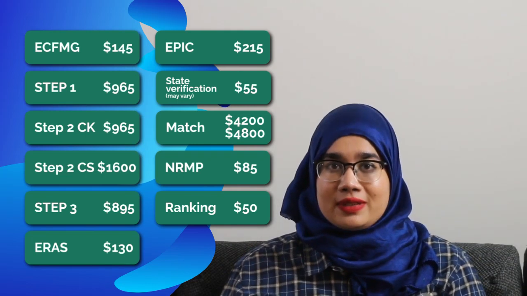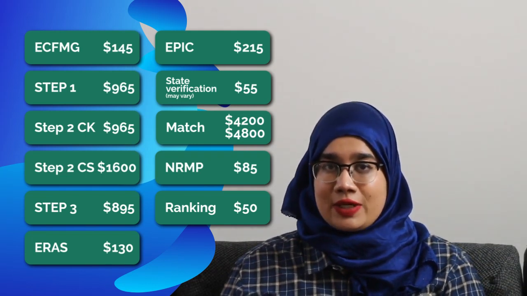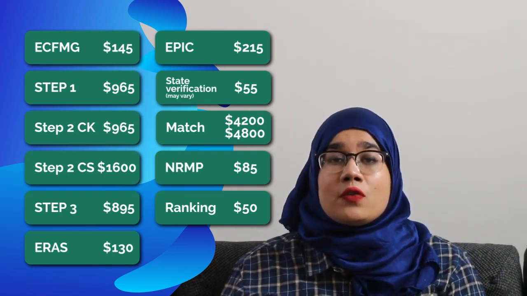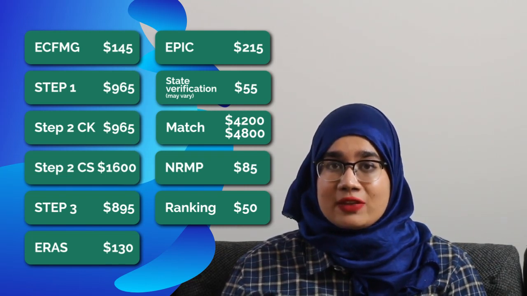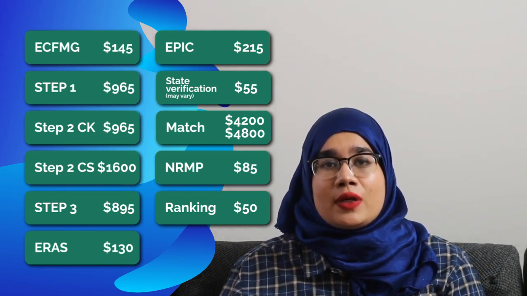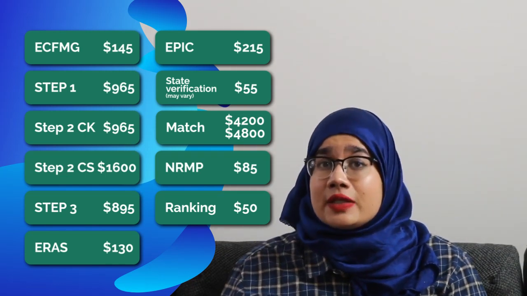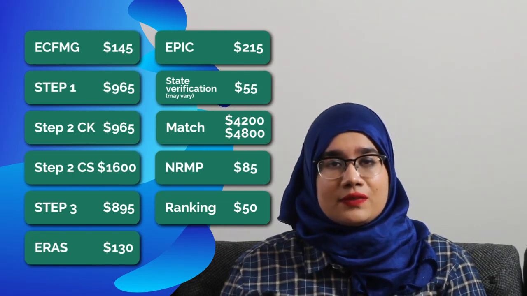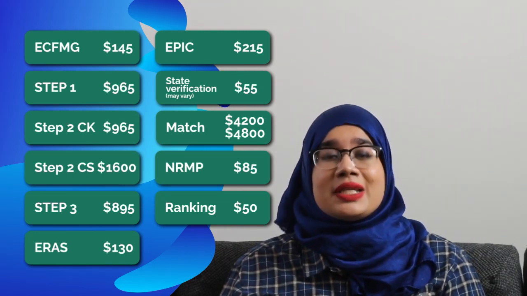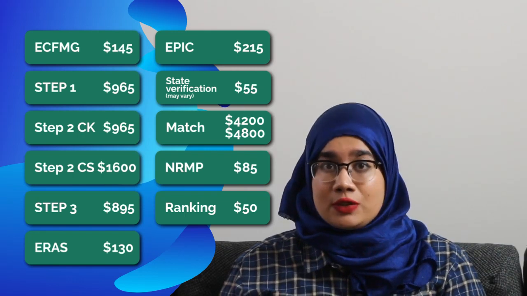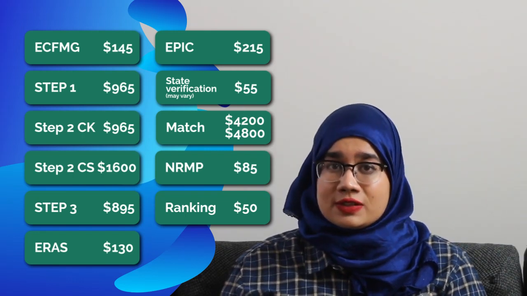Another really important thing that you have to take into consideration when you are considering your costs for your whole USMLE pathway is, in order to have a really strong application for the match, a lot of individuals recommend international medical graduates, or as a whole, to have US clinical experience. There are things like observerships and externships and clinical experiences, and whichever one you choose to do, they typically do cost money.